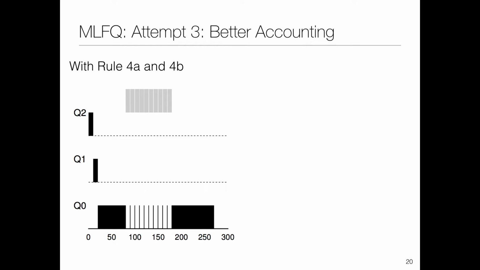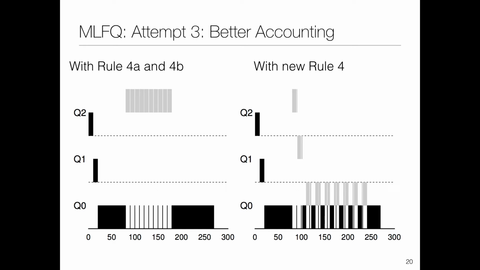So we can look at an example to make it more clear. On the left hand side, we're looking at the case where rules 4A and 4B, the older rules, were in place. The gray job is run by a person who's very smart and wants to game the system. Out of the total quantum of 10 units, let's say it runs for 9 units and then it accesses input output. But since it has not taken up the entire time quantum, the gray process remains in the same priority level. Let's look at the new rule 4.